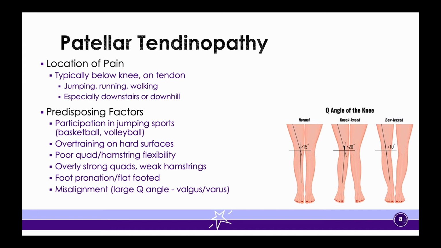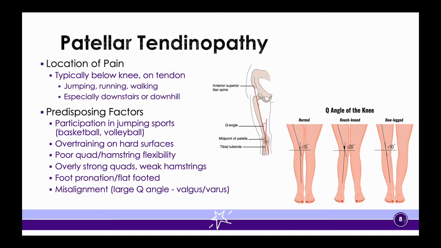If you are more of a flat-footed individual or have excessive foot pronation, you're more predisposed to having issues with patellar tendinopathy. And then also, if you have a misalignment of your bony structures, including a large Q angle.